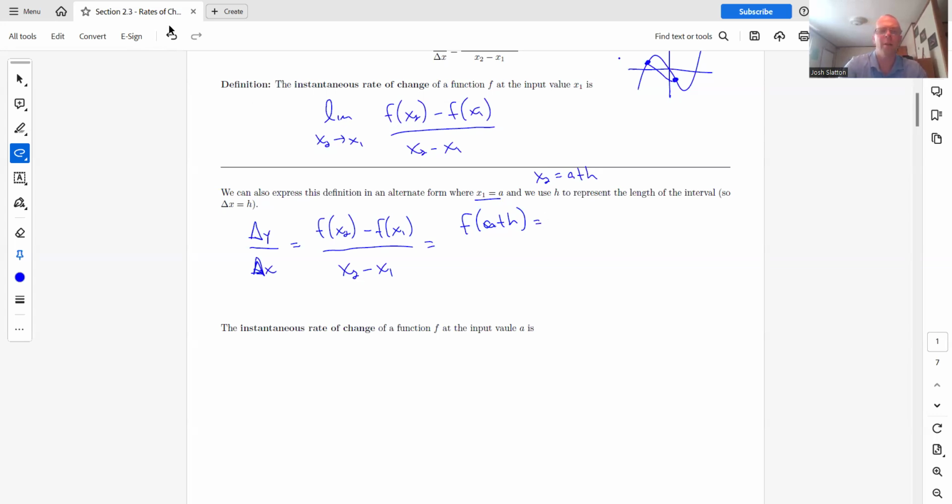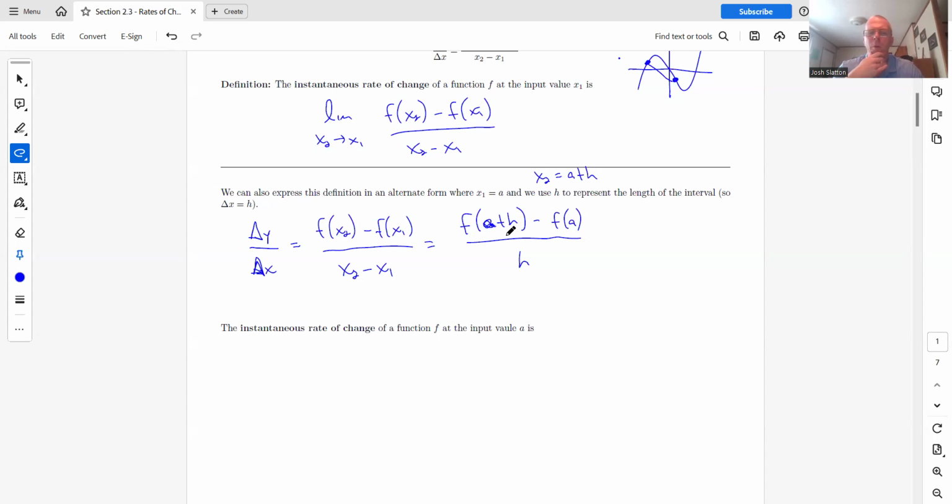That should be a minus there, not an equal. And then x2 minus x1, which is delta x, is going to be replaced by h. So this is another way to express this, with a plus h.